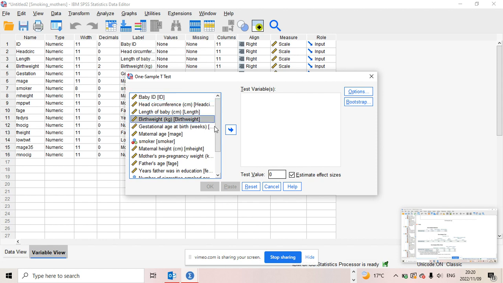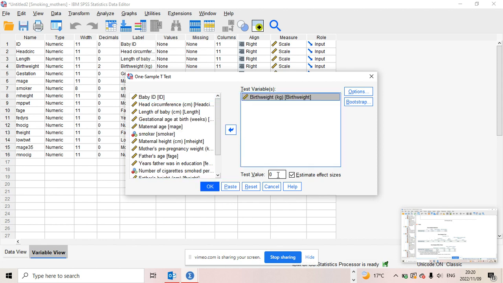So you click on the birth weight and move it over. Then remember our hypothesized weight, which is 3.4. This is our null hypothesis that the average birth weight of babies born to smoking mothers is 3.4. We want to see based on our statistical result whether to accept or to reject the null hypothesis.